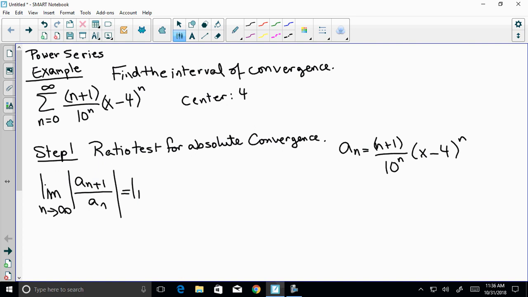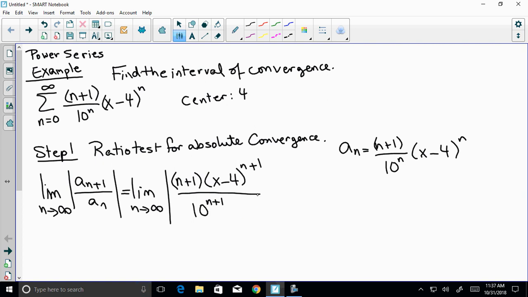So this will be the limit as n goes to infinity, absolute value. I need a_(n+1) in the numerator, so that'll give me n plus 1 times x minus 4 to the power n plus 1 divided by 10 to the power n plus 1. All of this is my a_(n+1).